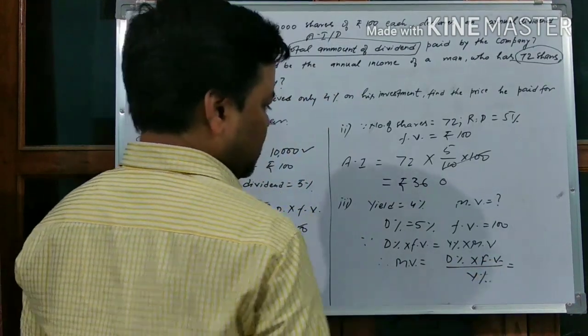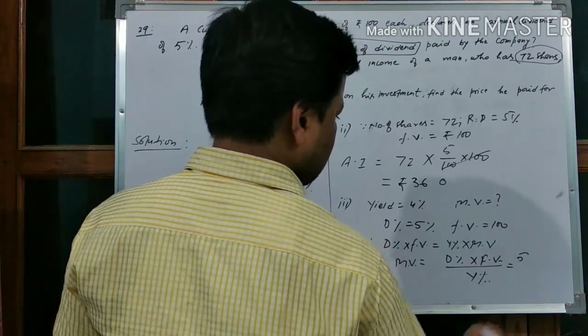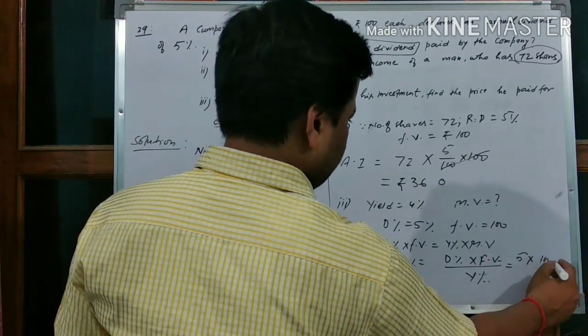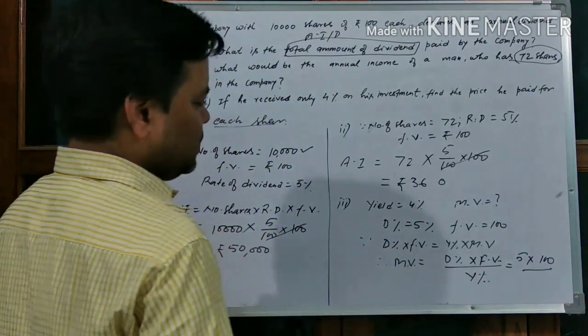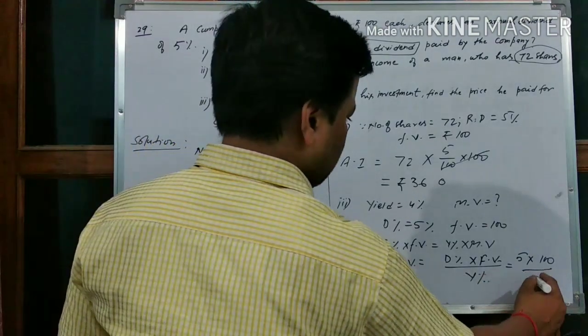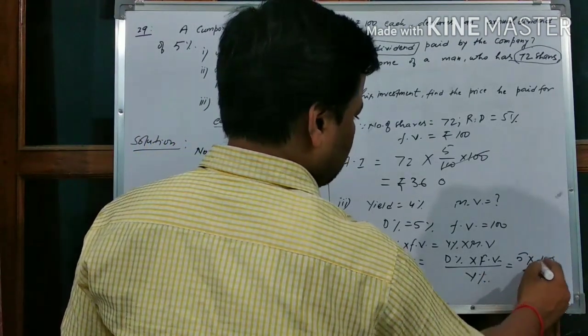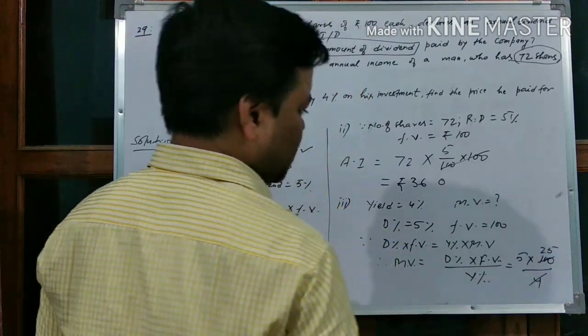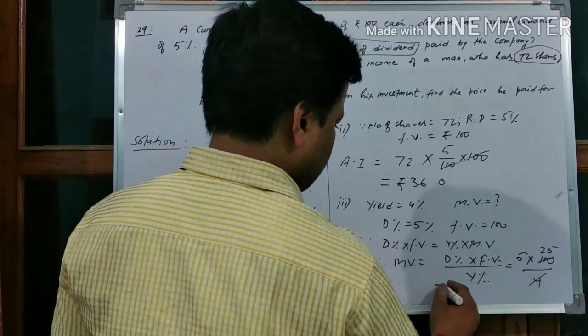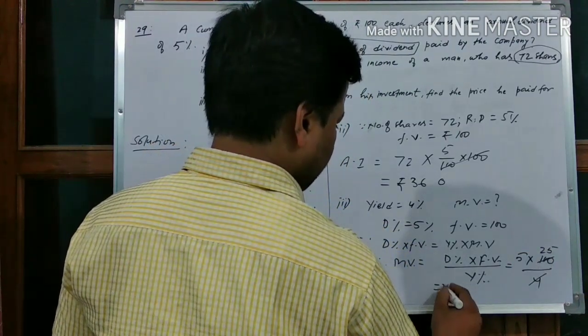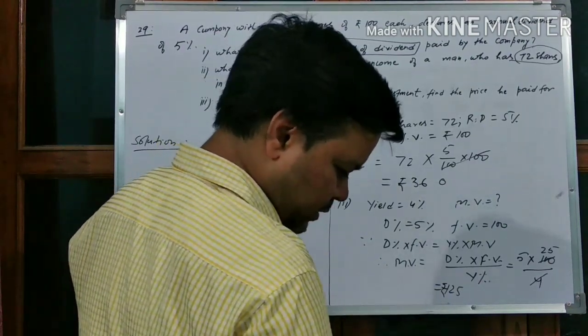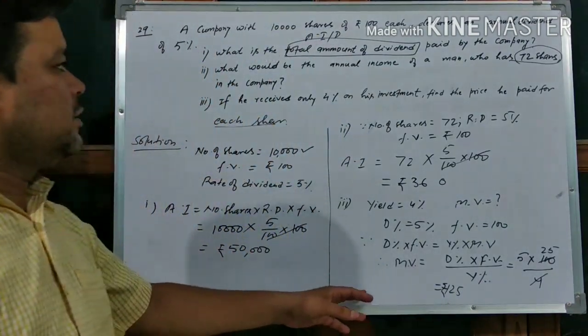So that is 5 into 100 upon 4. 4 into 25 is 100, and 125. It means the market value will be 125.